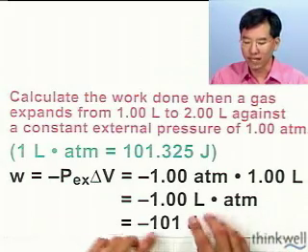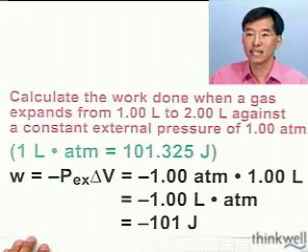And where did that energy go? Well, it went into the surroundings, right? Because the change in energy of the universe is 0, so energy is conserved. When this system does this expansion, it pushes against the atmosphere, the energy of the system goes down, and the energy of the surroundings goes up by exactly the same amount.